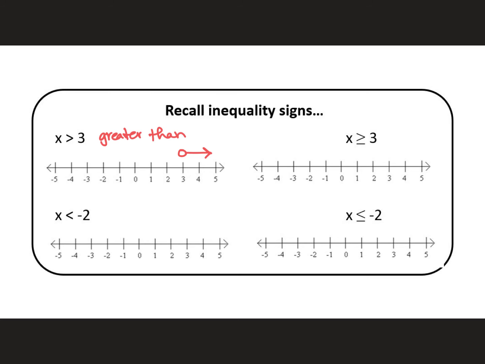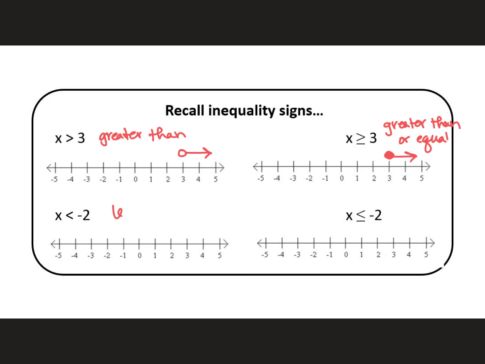Next, we have x is greater than or equal to 3. The only thing that's different from the first one is that now above 3 we have a closed circle showing that 3 is part of the answer, and the arrow still points towards the larger values.